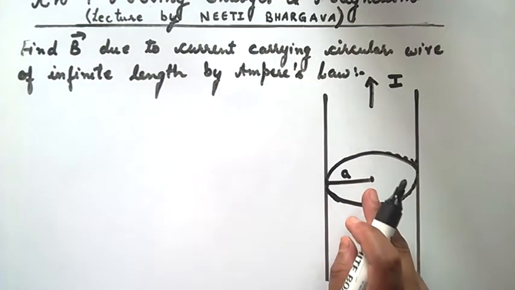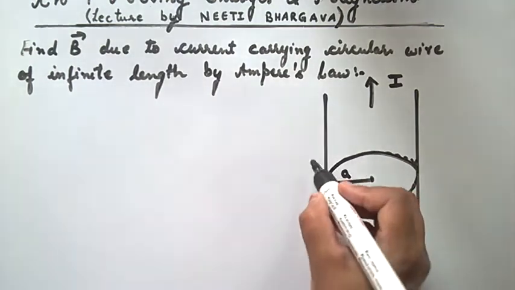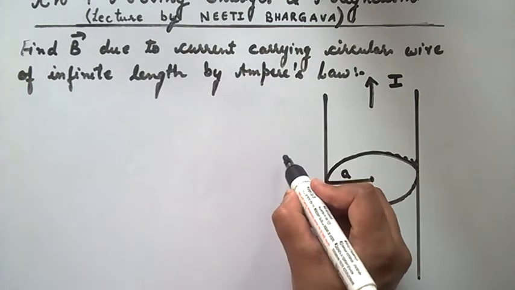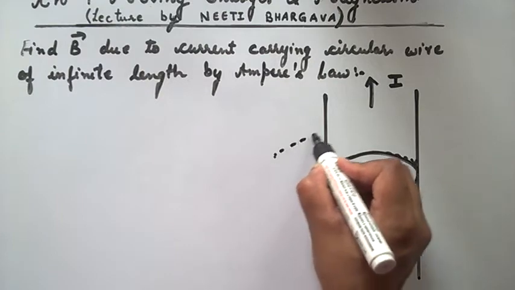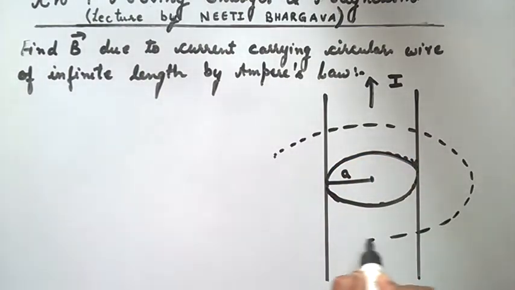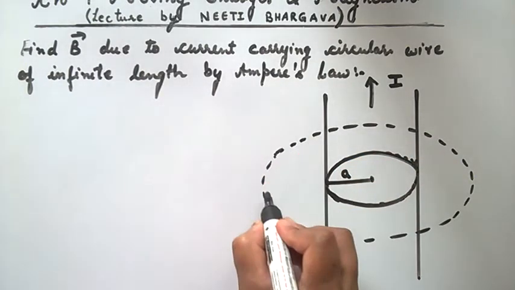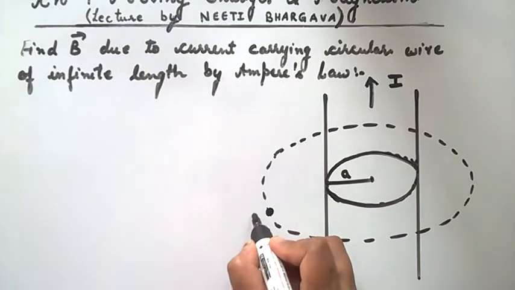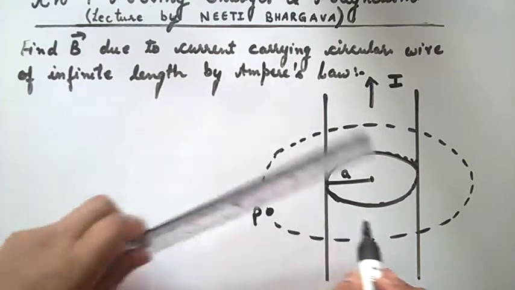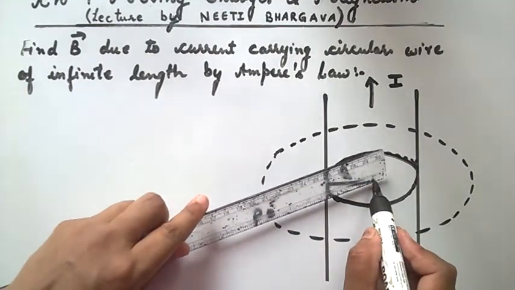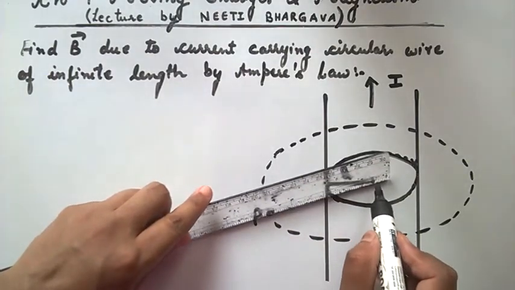For this we will draw the Amperian loop where we want to calculate the value of magnetic field. If outside the wire, let point P be outside and it is r distance from the axis.